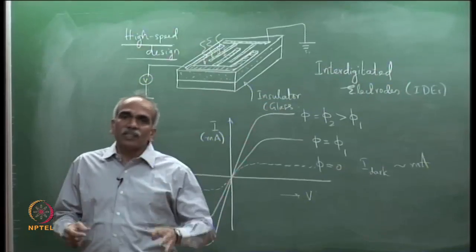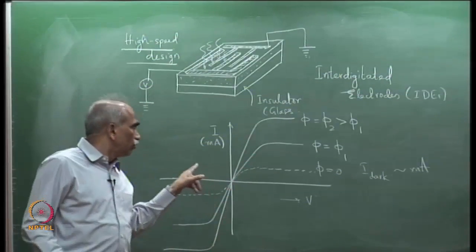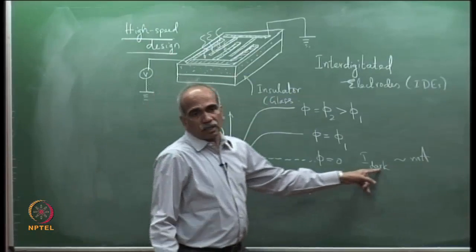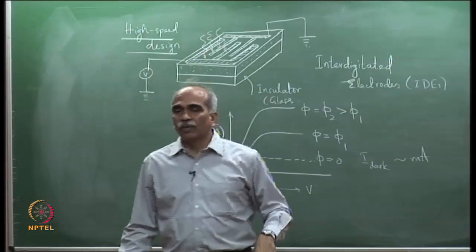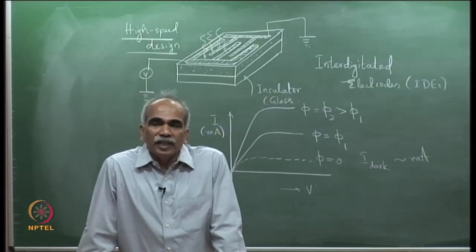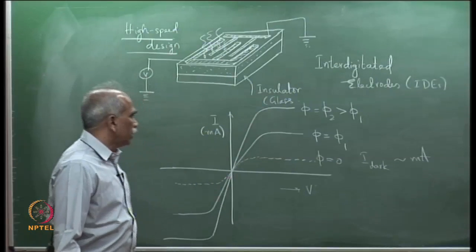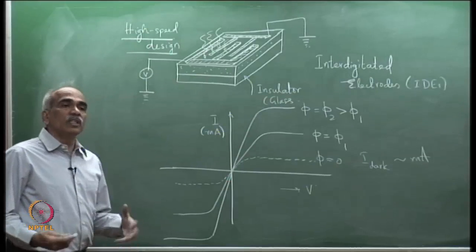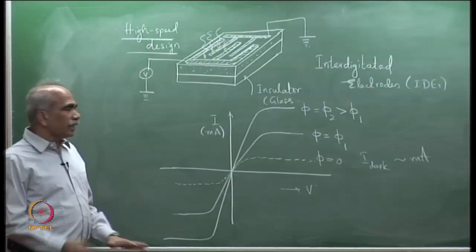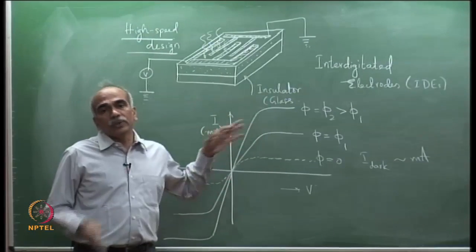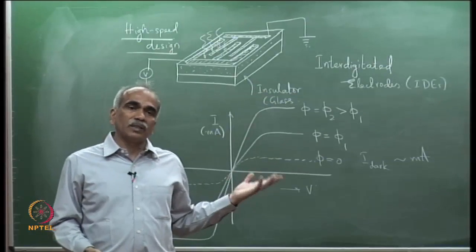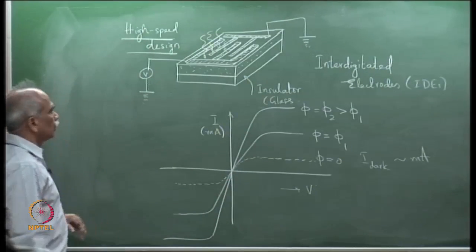So, the major disadvantage of photoconductors is the large dark current, in any high speed application or where you need a very good signal to noise ratio. But the real advantage of photoconductors is if you want to detect long wavelengths, IR wavelengths for example, then photoconductors are the detectors which are used.